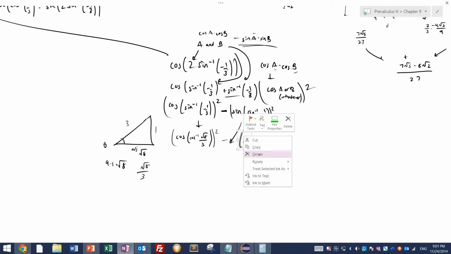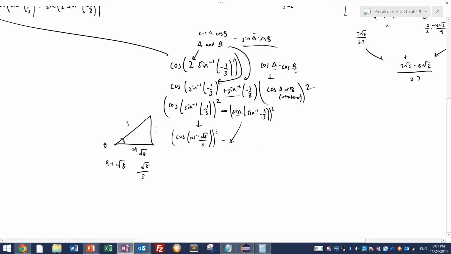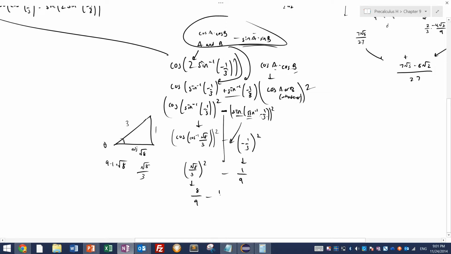So this is going to be easier for us because we know that a sine and its inverse are going to just produce negative 1/3, which is then squared to make 1/9. Remember, this becomes positive, but this subtraction comes from the law of adding cosines, as you'll remember. And then this becomes root 8 over 3 squared, which is 8 over 9 minus 1/9 equals 7/9.